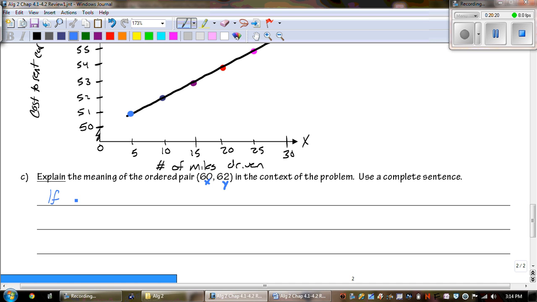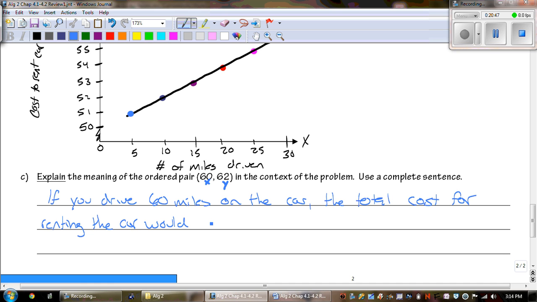So if you drive 60 miles on the car, the total cost for renting the car would be $62.